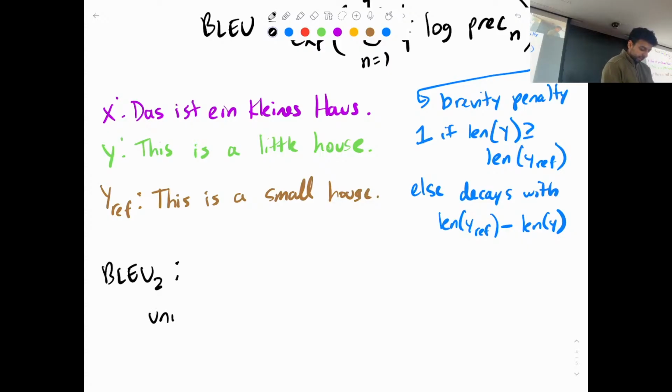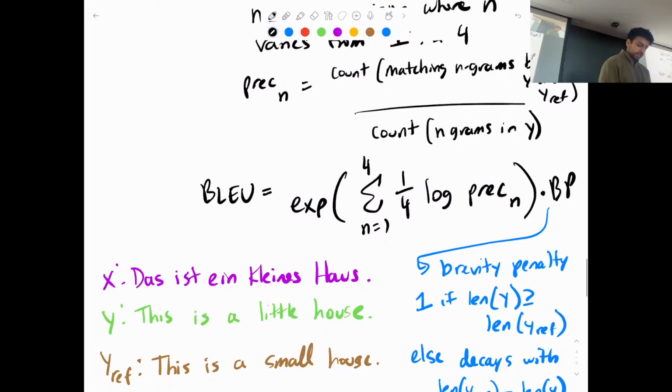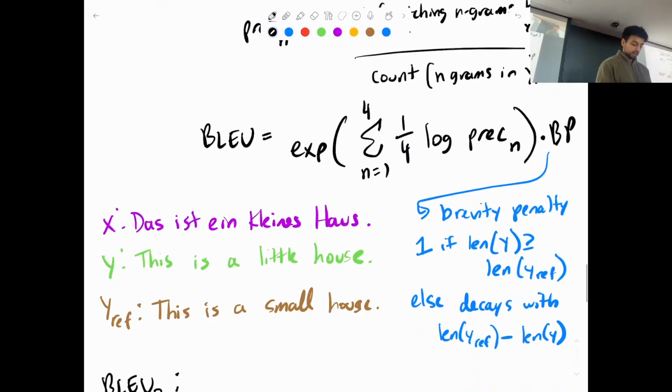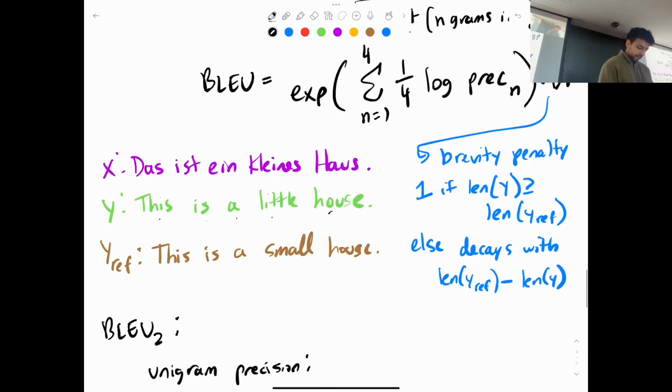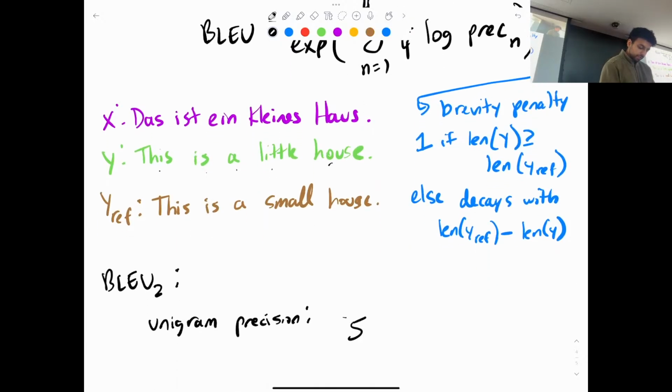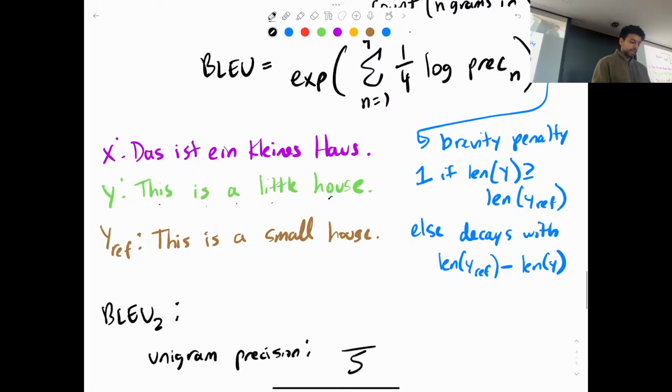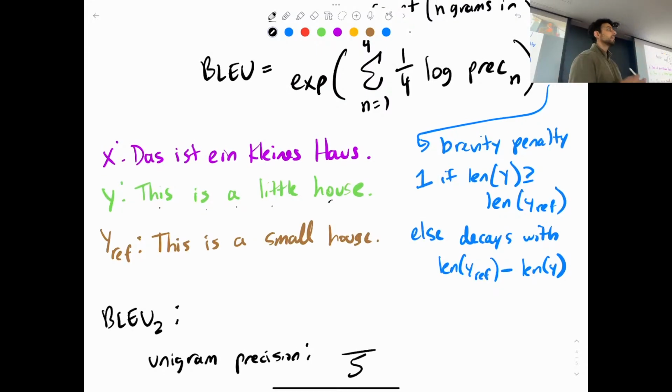Let's do the unigram precision. We know that the denominator here is the count of unigrams in our candidate. This thing has 1, 2, 3, 4, 5 words. And the numerator is how many of the words in the candidate match the words in the reference.